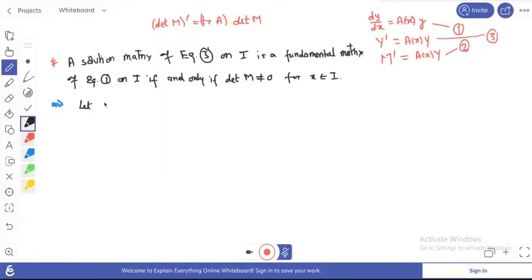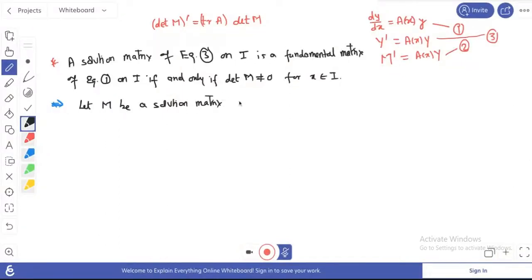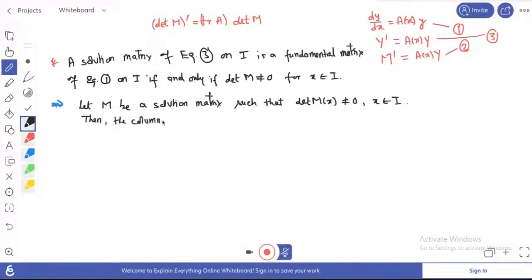Okay, so if we assume that M is a solution matrix, and this says that the determinant of M(x) is non-zero when x belongs to the full interval I.